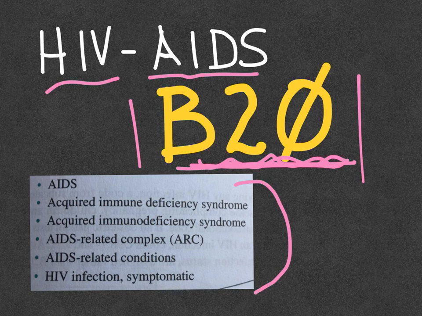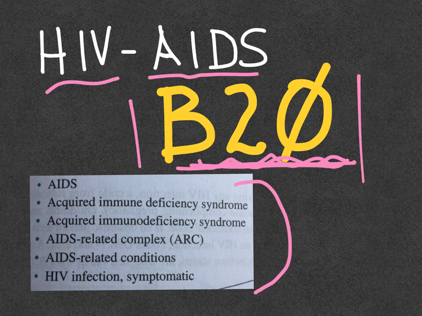In this case, the provider must explicitly document HIV positive in the medical record before it can be coded to B20. So even if the coder sees an HIV positive test result in the medical record, they cannot code that unless the physician has specifically documented, yes, this patient does have the HIV virus or AIDS.